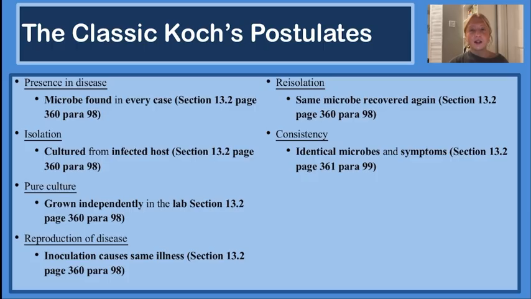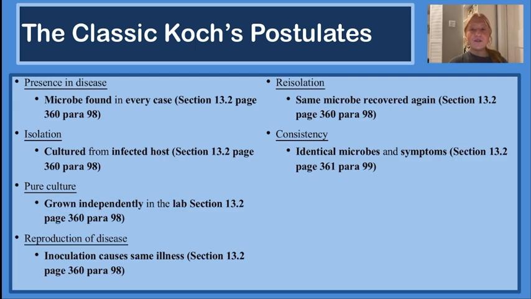So, Koch's postulates outline a stepwise method for proving that a microbe causes a disease. First, the suspected organism must be found in every case of the disease, which establishes a consistent association.